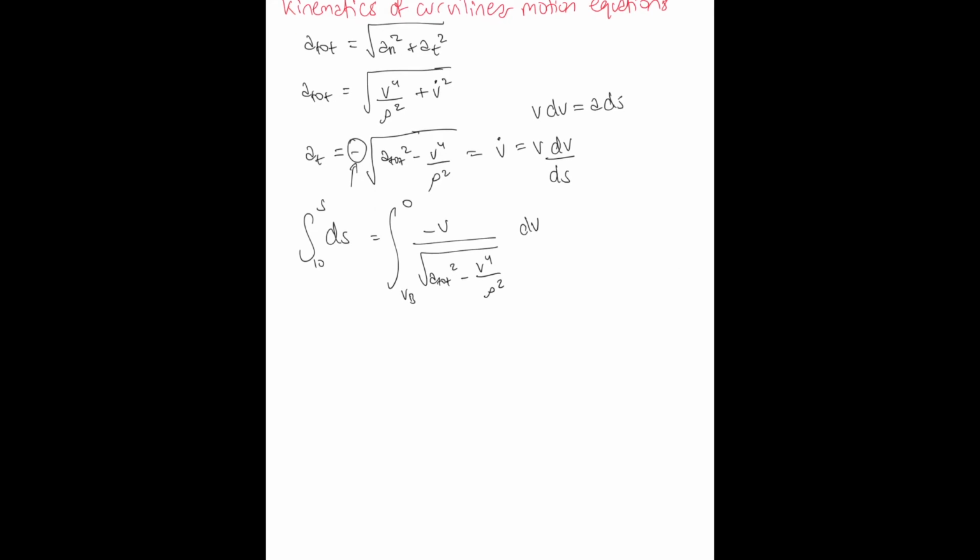Now, to make this integration possible, we need to use a substitution. We're going to substitute u into v squared. That means dv is going to be du over 2v.